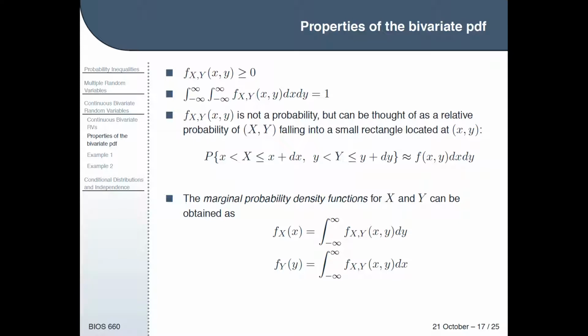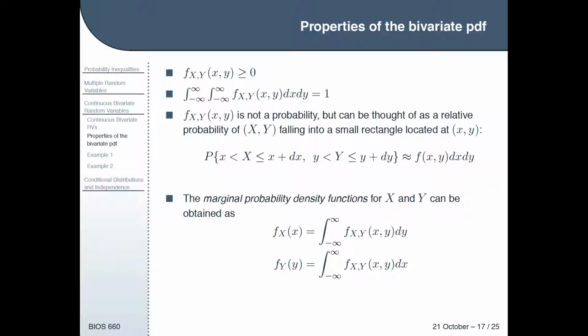And you can calculate marginal PDFs, similar to what we did in the discrete case. As you'll recall, in the discrete case, to obtain the marginal PMF for x, we just summed over all possible values of y. Similarly, to obtain the marginal PMF of y, we sum over all possible values of x.